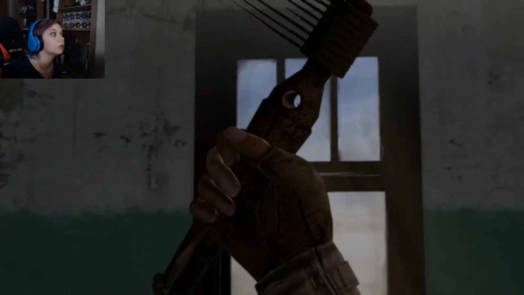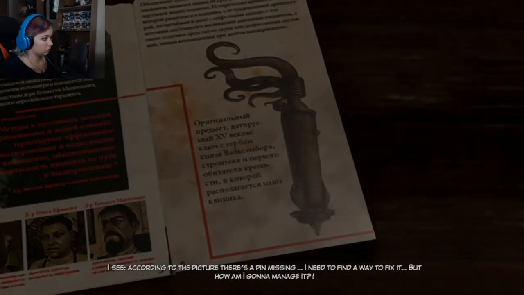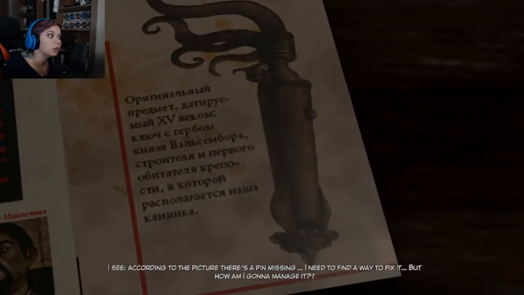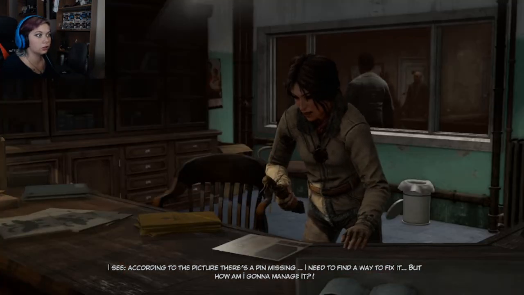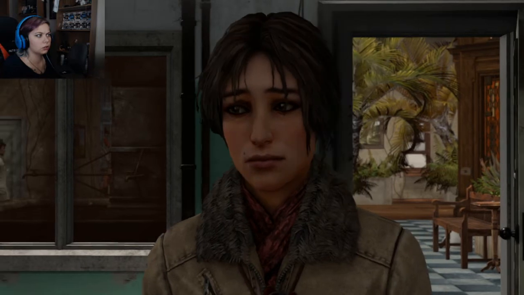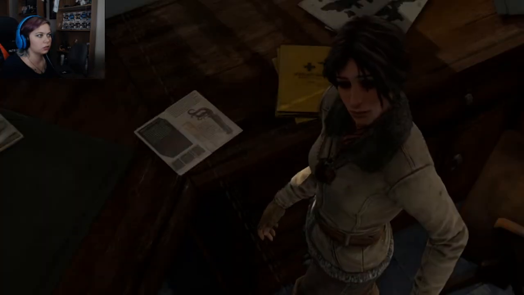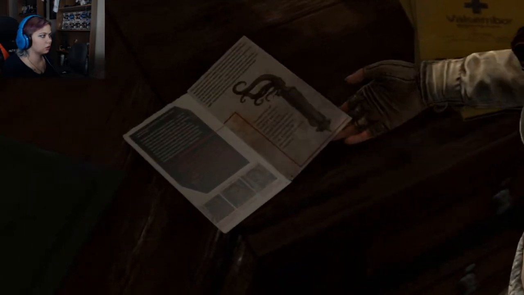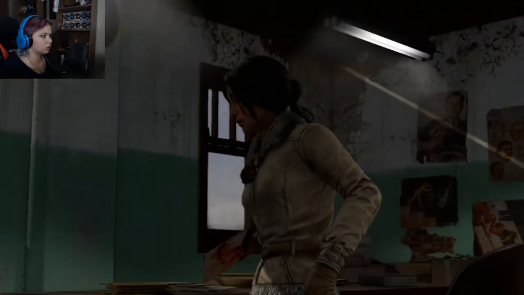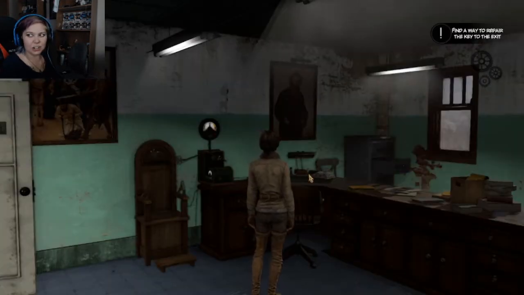It's like a screw. It's got a cross in it. I see. According to the picture, there's a pin missing. I need to find a way to fix it. But how am I going to manage it? I'm gonna take it to Kirk and see if he knows how to read it.